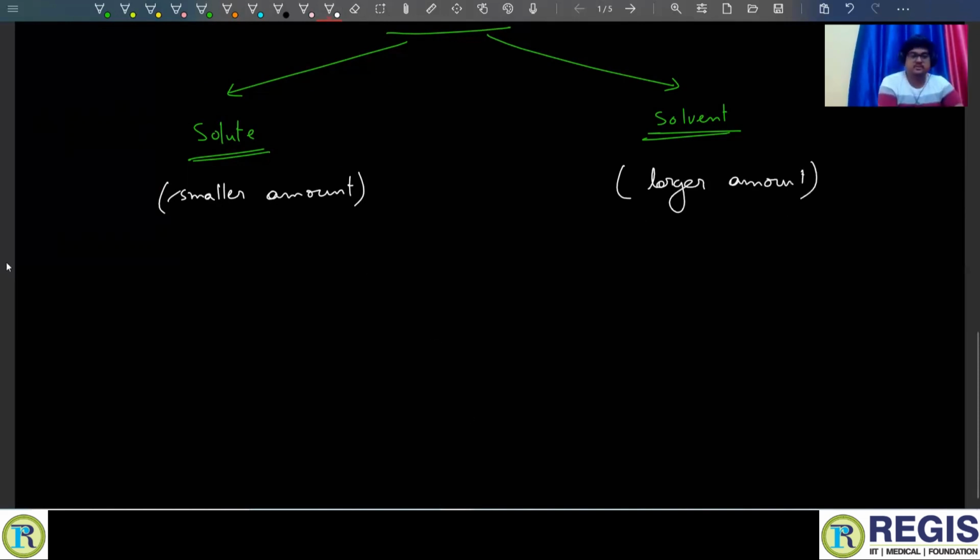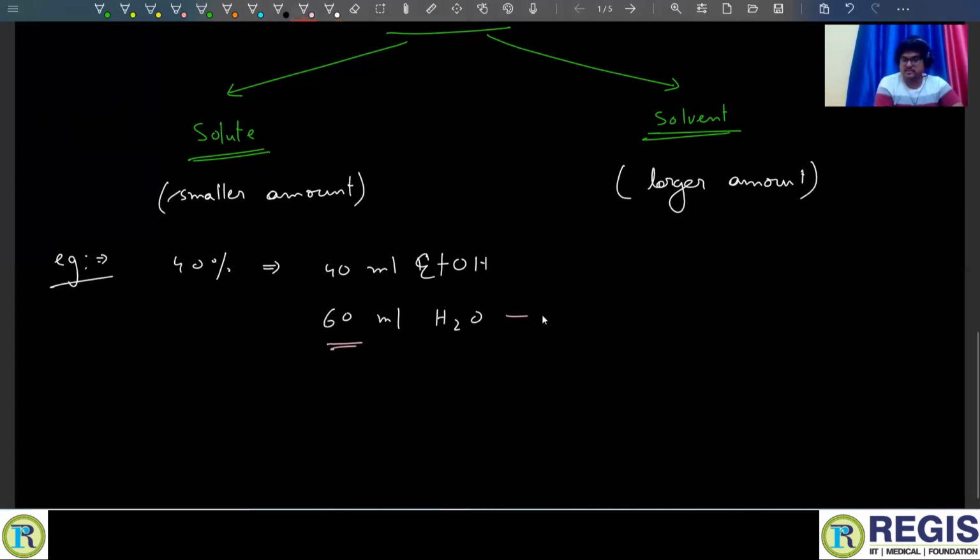Okay. Now, suppose in your example, what is given? 40% ethanol. What is the meaning of 40% ethanol? 40 ml ethanol, EtOH, which represents ethanol, and 60 ml, 100 minus 40, that means 60 ml is water. Now, tell me in which case is the amount high? So, this one acts as a solvent and this one acts as a solute. Is it clear?